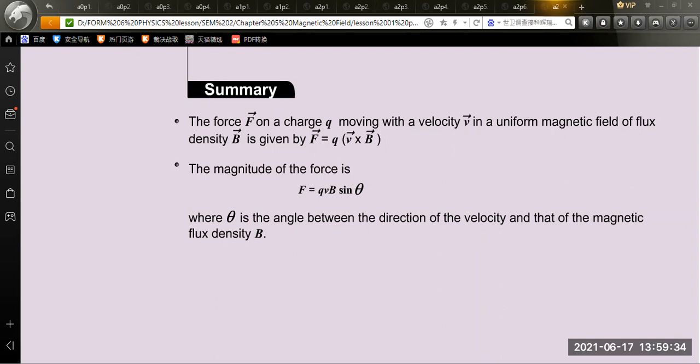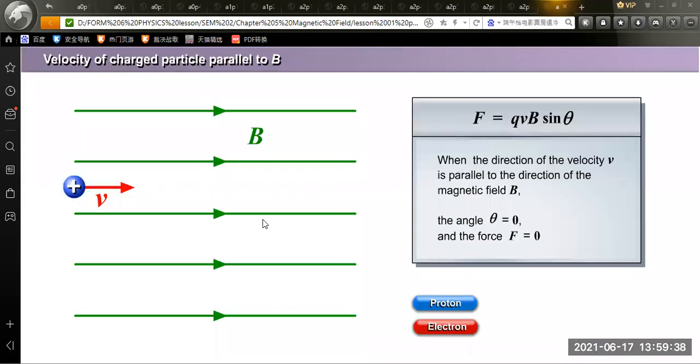Now let's look at the QVB. F equal to QVB sin delta. What happens if the proton moves in this direction?